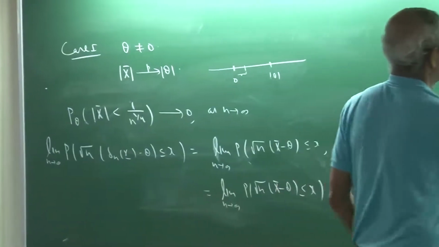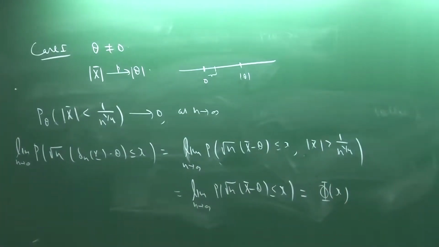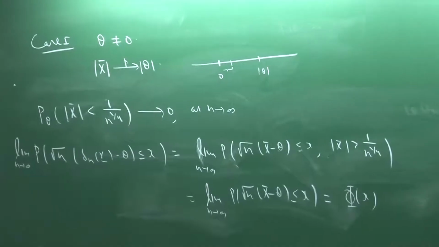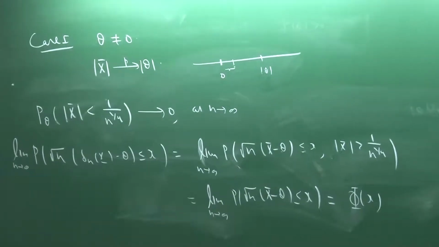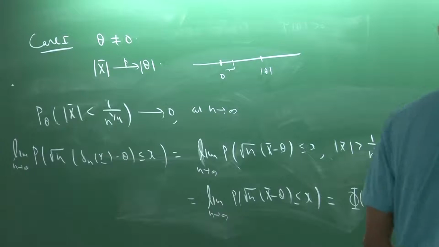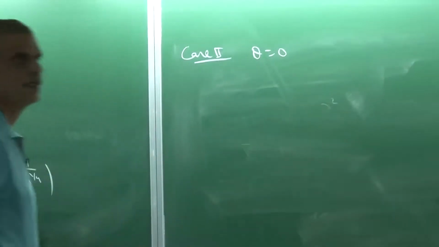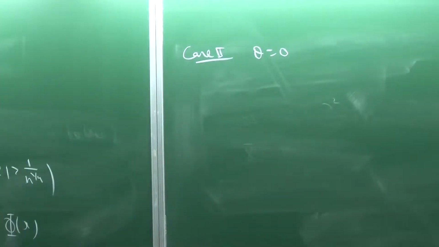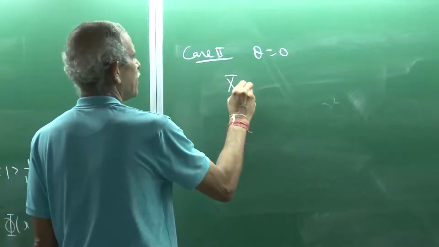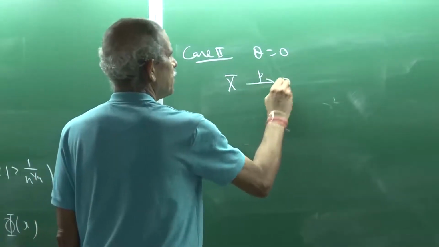Now let's look at case 2. Theta is equal to 0. Now in this case, by the strong law of large numbers, you know that x bar goes in probability to 0.